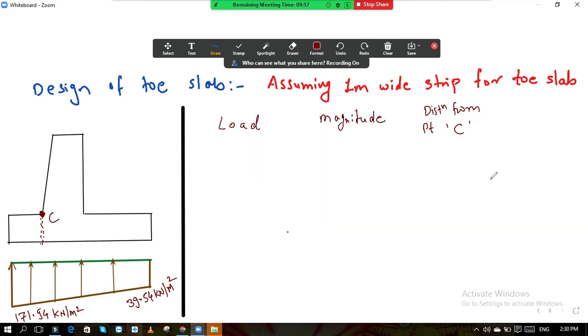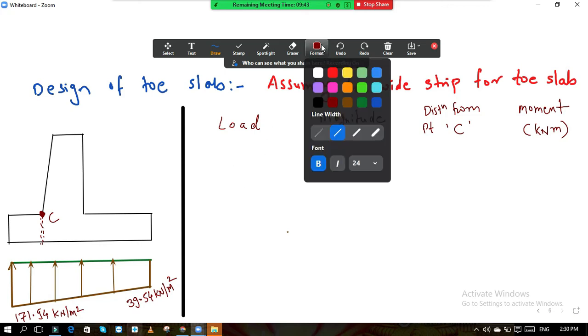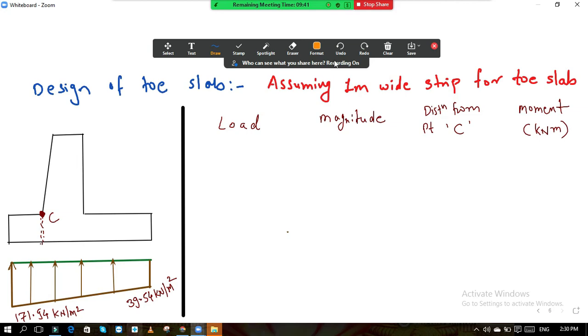And moment, kilonewton meter. Okay. So first, upward pressure. First is the upward pressure.